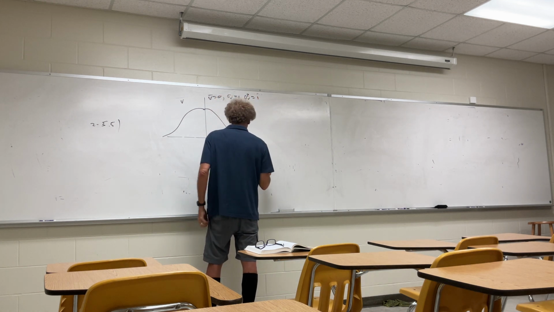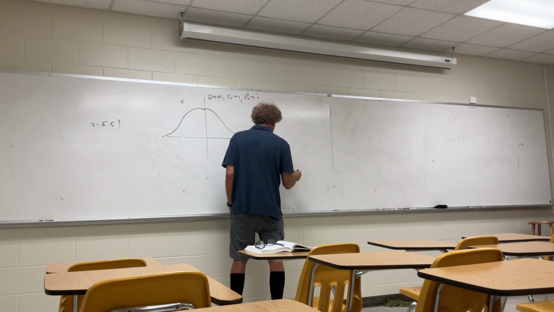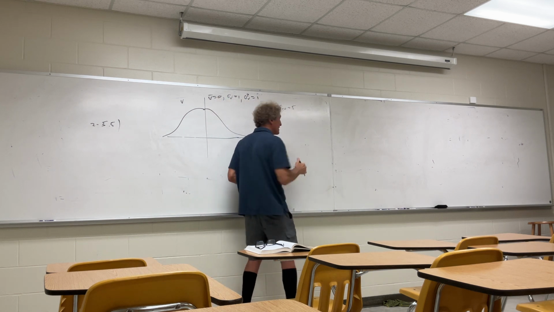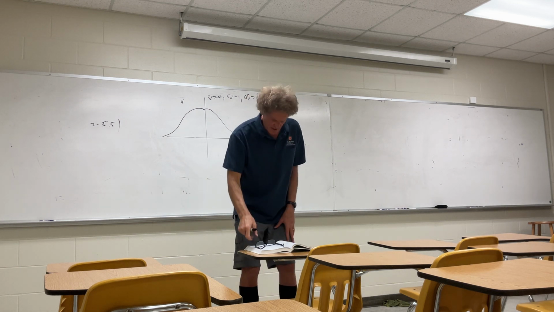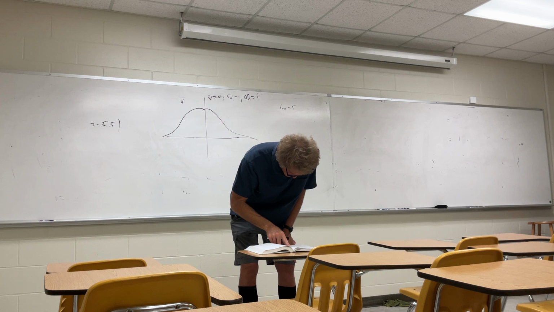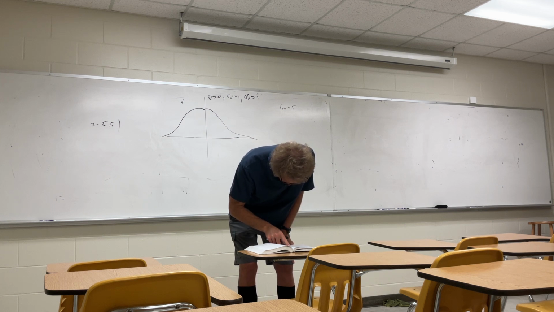They're going to set the threshold at 5, so V threshold equals 5. Then they say find the probability of a false alarm.